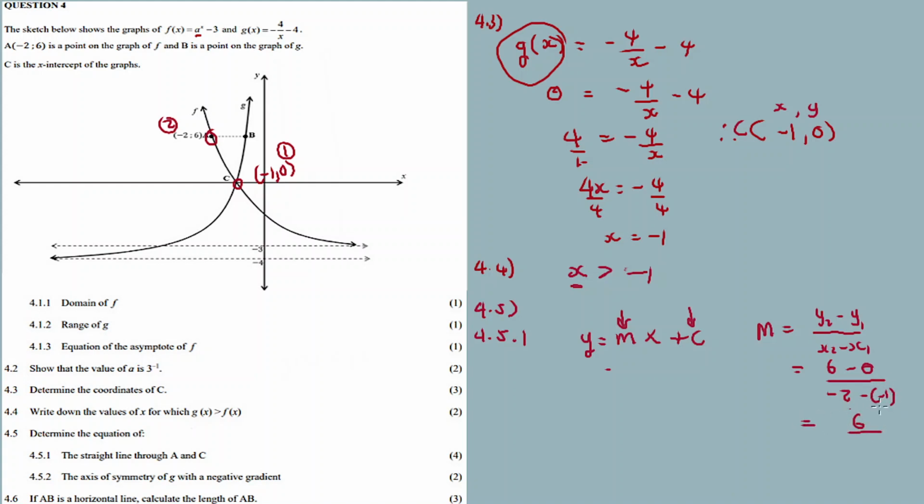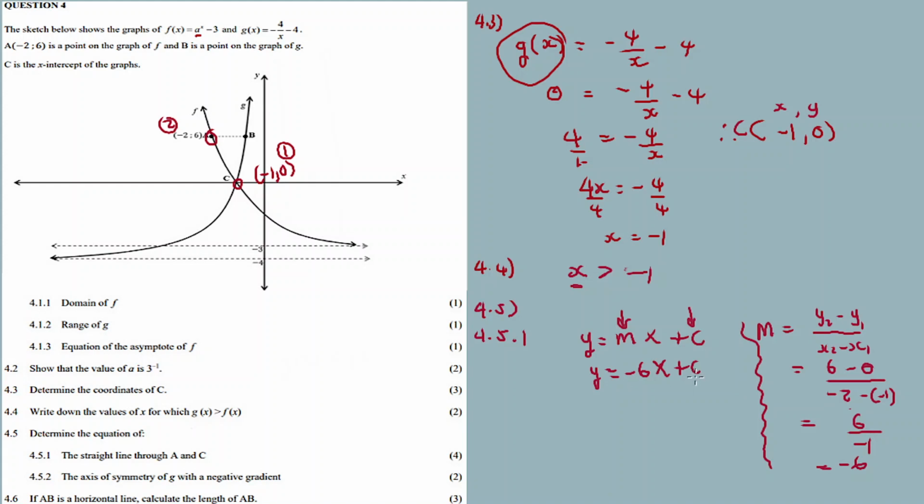Here it's negative 2 plus 1, that's negative 1, so our answer is negative 6. We go back and say y equal to negative 6x plus c.